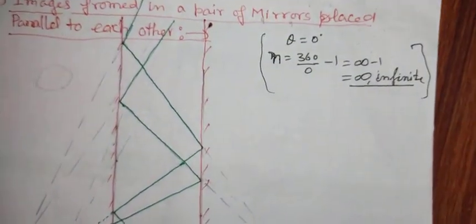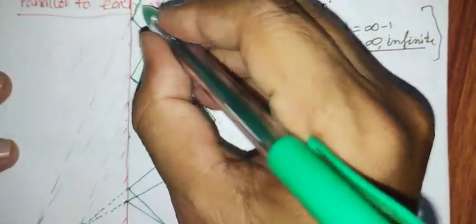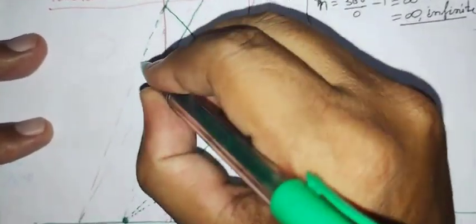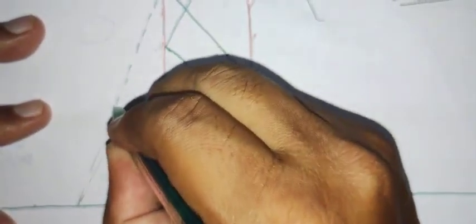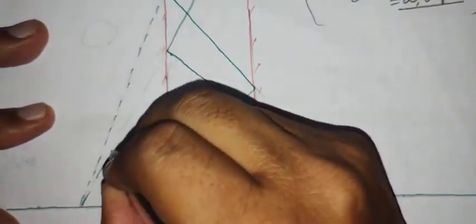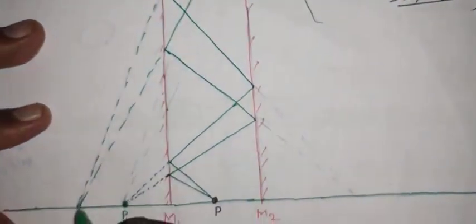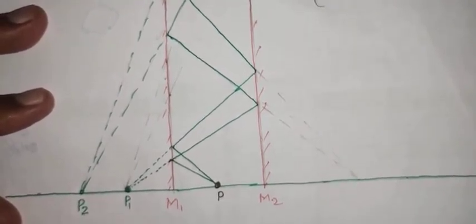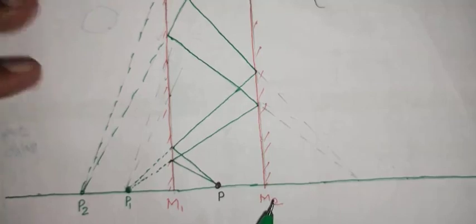Now see carefully in it. When both the rays are proceeded backward, they meet again at this point. So next P2 will be formed here.